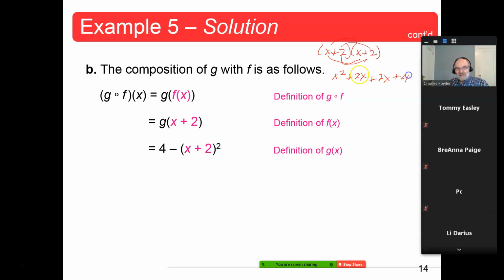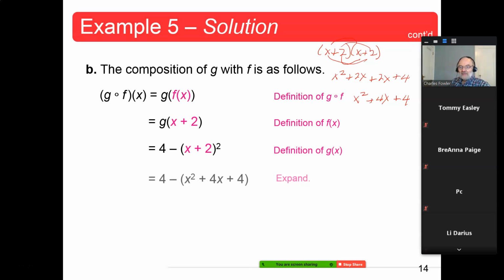Well, what have we got here? The first one squared, x squared, twice the product of the two, plus 4x, plus the square of the last term, plus 4. So it gives you the same answer. If you don't remember the shortcut, you can always multiply them together and FOIL them, okay, if they're binomials.